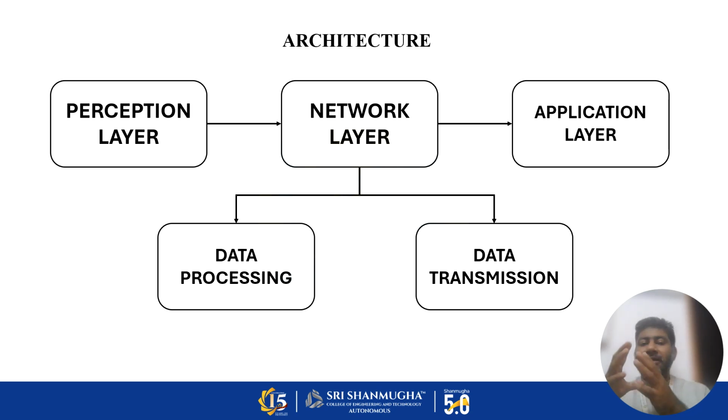All the data collected in the perception layer will be sent to the network layer, where the collected data will be transmitted using internet connectivity to a storage space or a cloud.